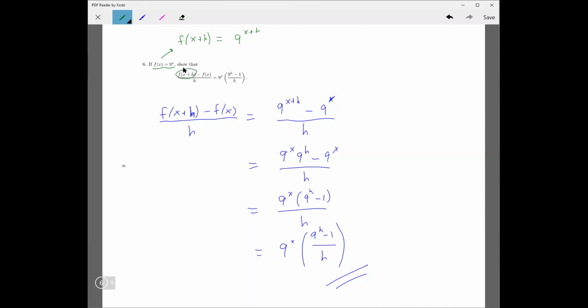And then f of x is just 9 to the x, so minus that. Okay, that makes sense. So it's just substituting each one, so this is this substitution right here, and that's this replacement right there.